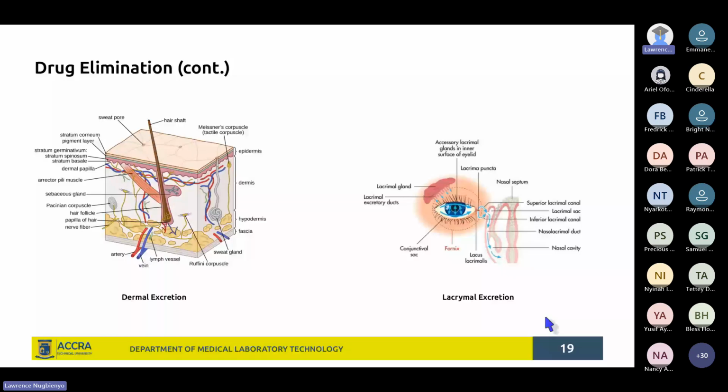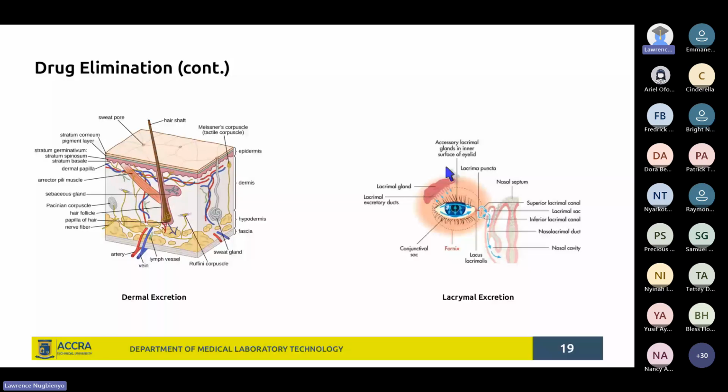And so you have some of these drugs also being excreted, particularly, say, the eye drops, or even the other ones that I mentioned. What can happen is you can have the excretion of them coming from the lacrimal gland, the gland which is responsible for the production of tears that come into our eyes.